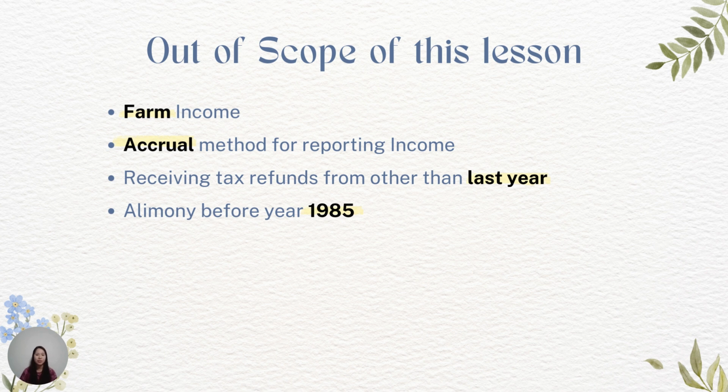If they were received not last year, but like say 3 years prior, that's out of scope too. And alimony before the year 1985, because as we mentioned, only from 1984 to present can we do alimony payments. So if you come into contact with clients that have any of these out of scope issues, please kindly refer them to a professional taxpayer who will be able to help with their more complicated needs.